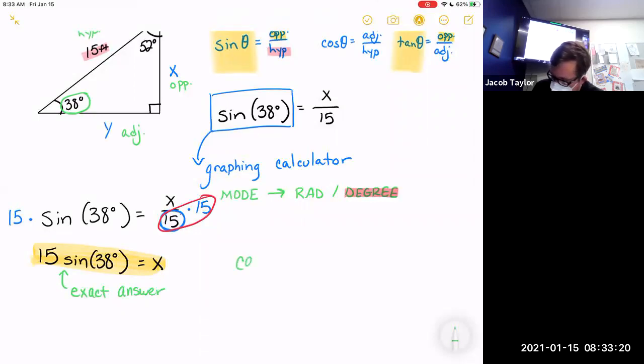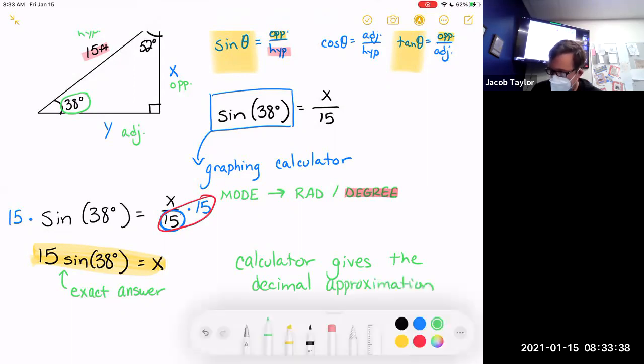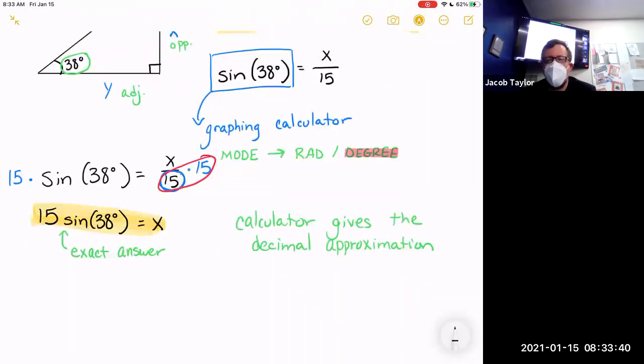The calculator will give the decimal approximation, and you can type it into the calculator all at once. You can type in 15 sine 38 if you're in degree mode. If you do that, what do you get? Somebody who has the decimal approximation, give me like 4 places after the decimal.